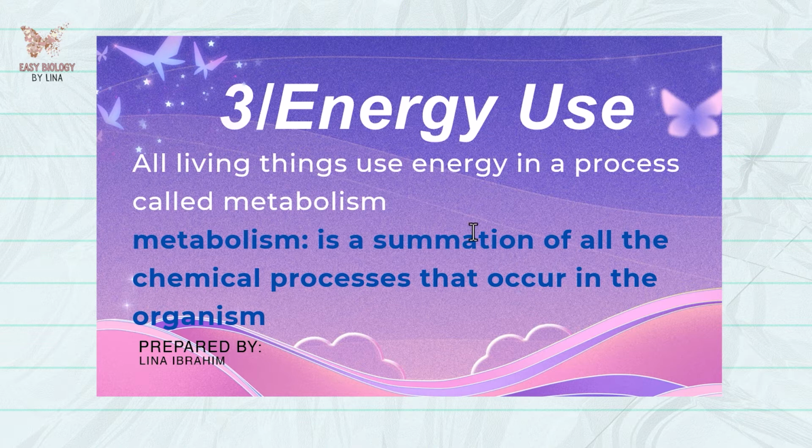We have many chemical reactions, some of which you read about in chemistry, which happen outside our body, and on the other hand we have other chemical reactions that happen inside the organism and inside our body. For example, the aerobic respiration or the cellular respiration which happens inside our body. The summation of all these chemical reactions that happen inside the body is named metabolism.